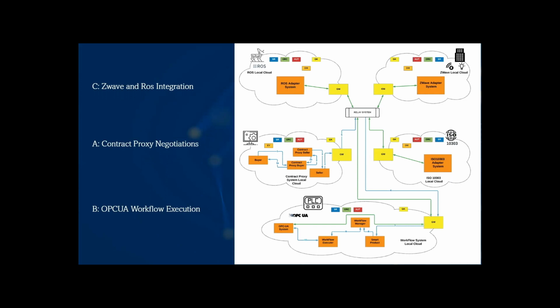So here we can see that the sequence starts from the buyer. In the contract proxy system local cloud, the buyer requests the contract proxy buyer for asking the negotiation to the contract proxy seller, and then when there is an agreement between the contract proxies, the seller generates a workflow order to the workflow system local cloud.